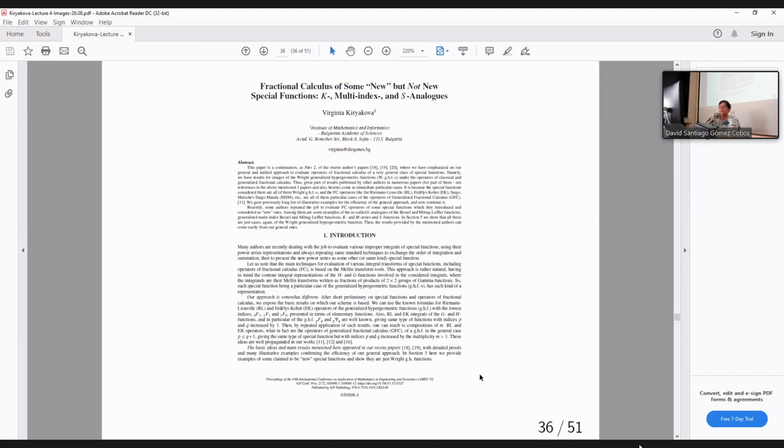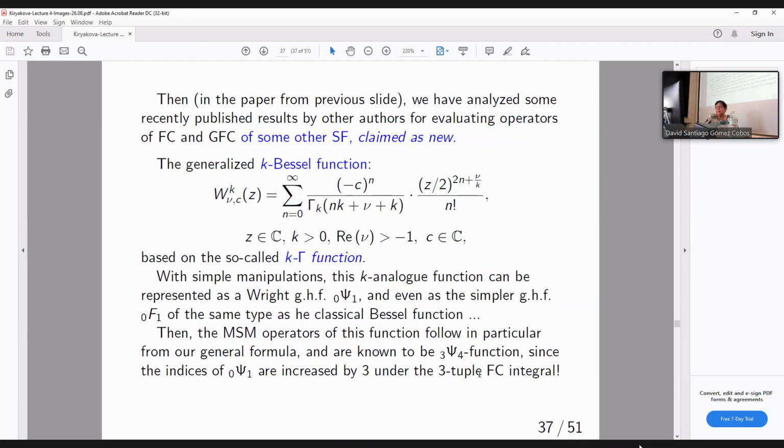Also, I'm mentioning this new kind of special functions with k-analogs, s-analogs, and so on. There is a paper of mine in American Institute of Physics conference proceedings of 2019. Some examples.